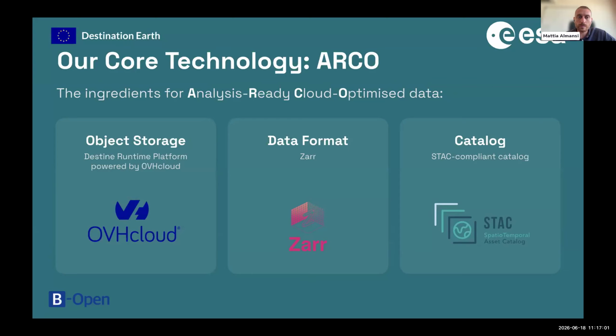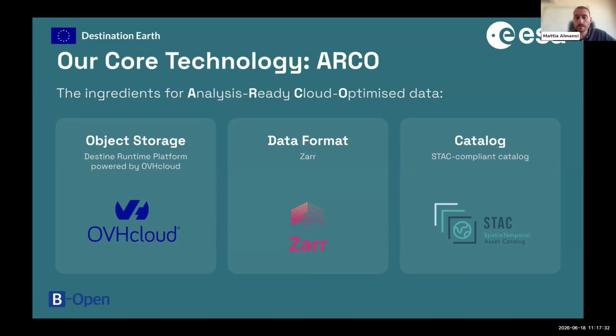Our recipe for converting the data into ARCO and making it available with this technology is basically 3 main ingredients. The first one is that we make extensive use of an object store, and in particular we use OVH Cloud, which is a partner of the DestinE Platform. So all the data that we are serving are actually stored in object storage provided by OVH Cloud.